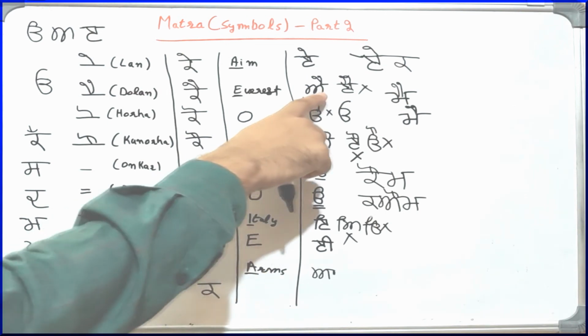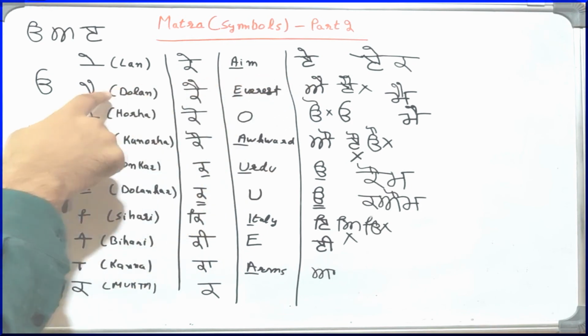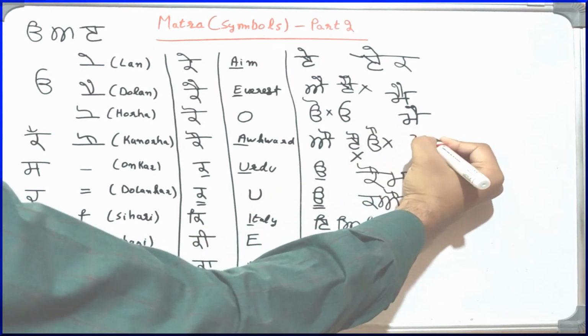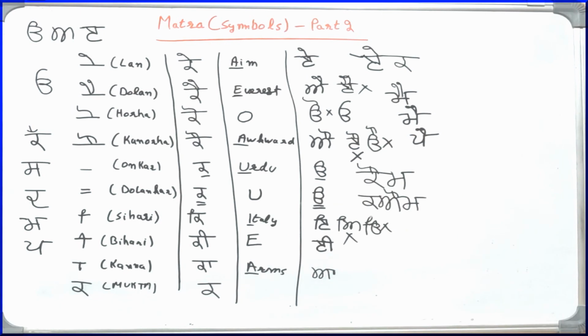Like we used here, Ada does not have a line on the top, see? But we use the line like this on the right side. Similarly, for papa, we are going to use it in this way. Okay. The same is true for Hoda and Kanora. So just remember this thing.